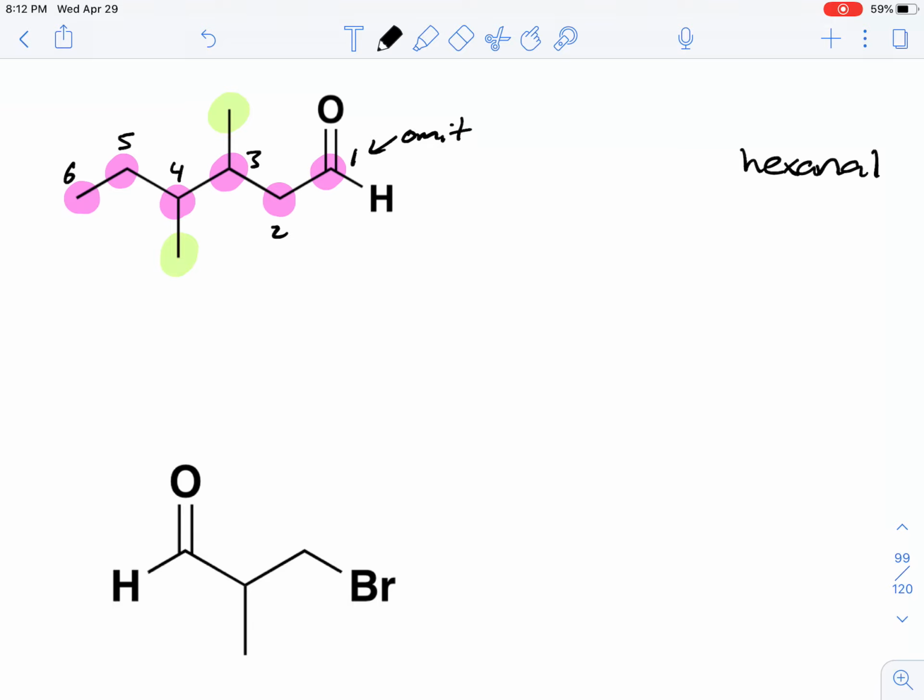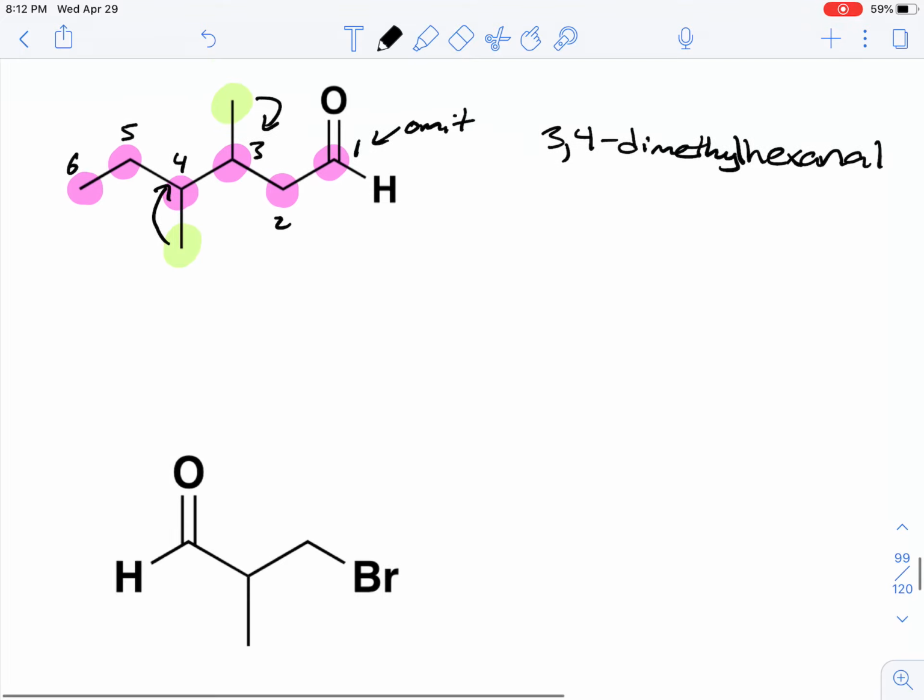And the only thing that's left for me to do is to describe the carbon number to which these methyl groups are covalently bonded. So this is going to be 3,4-dimethylhexanal. And everything is one word, no dash, no comma. We're going from letter to letter, L to H. And so this is going to be our final answer for this compound.